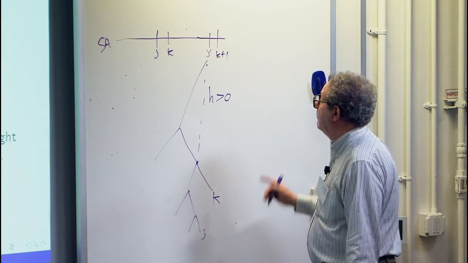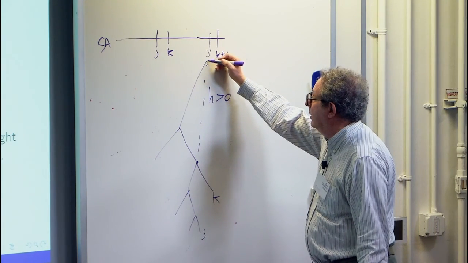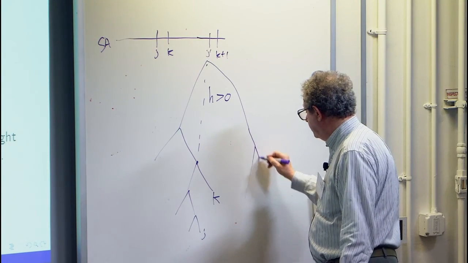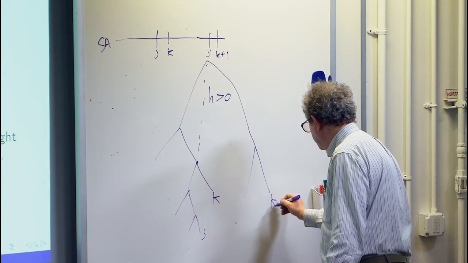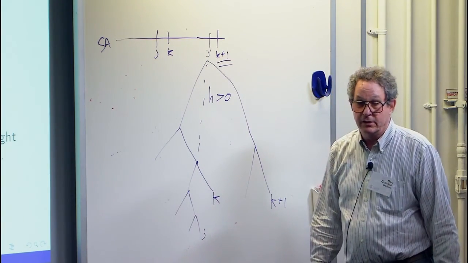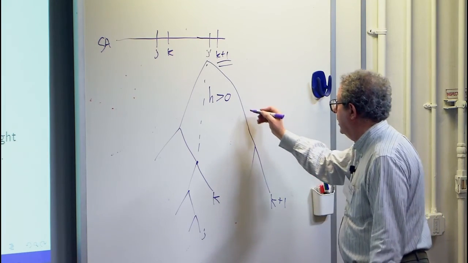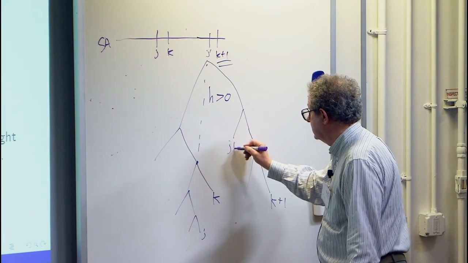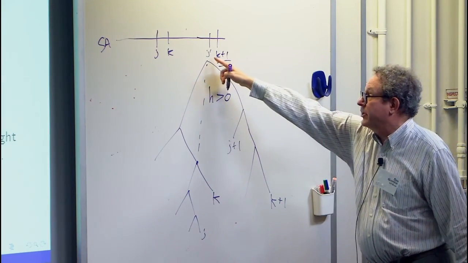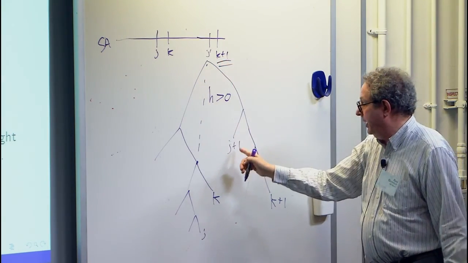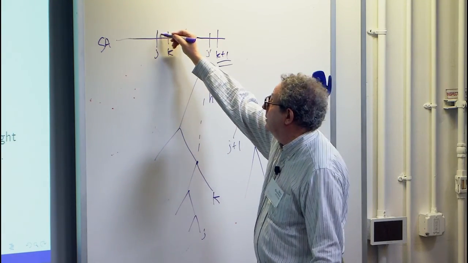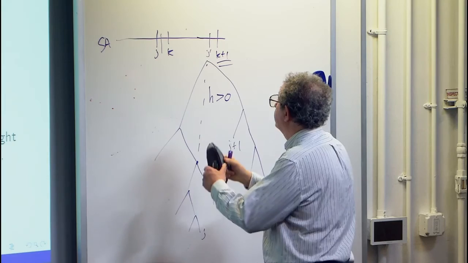Okay, so we have that. But one thing we do know is a relationship between k plus 1, and that's one of the things we want to understand, and j plus 1. Now this is not what we want. We want j prime. But here's j, and j plus 1 is here. Oh, sorry, that was in the suffix array.